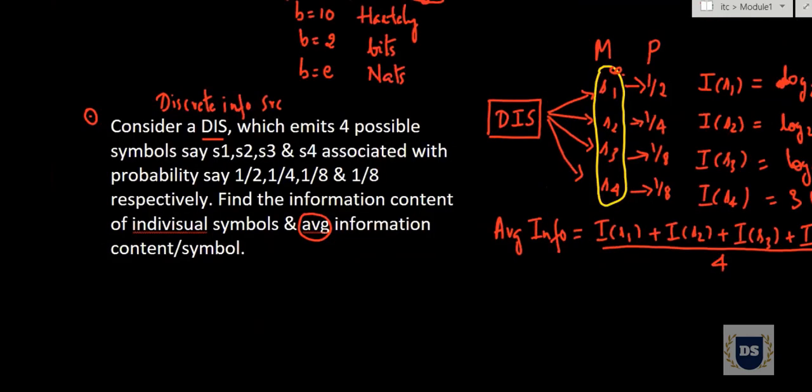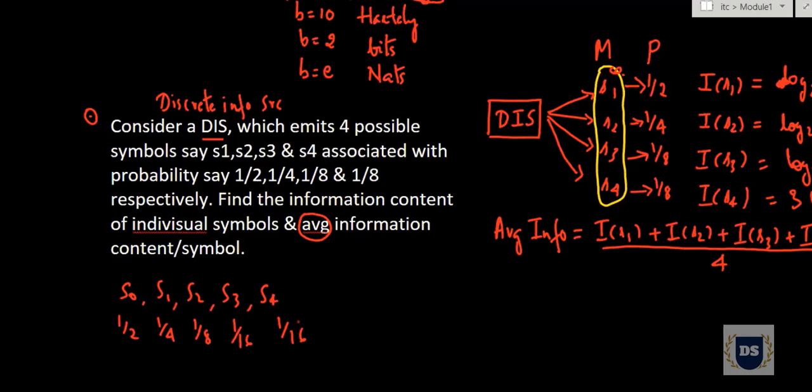So in a similar way, you can also try it for one more problem wherein I am having 5 different symbols: S0, S1, S2, S3, S4. Each of them is associated with 1 by 2, 1 by 4, 1 by 8, 1 by 16, and 1 by 16 probabilities.